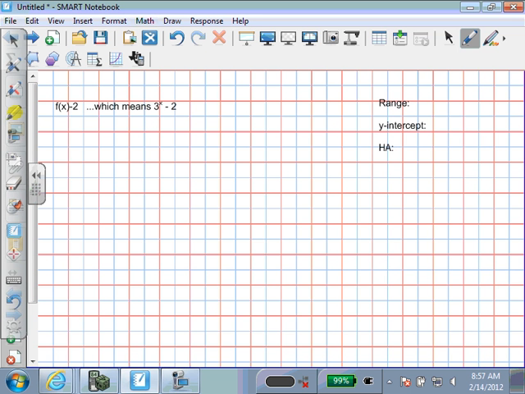Let's do f of x minus 2, which would mean 3 to the x minus 2. That means every point on the original graph will move down 2. So the point at 1, 3 was the original point, so it will move down 2. 2, 9 will move down 2.